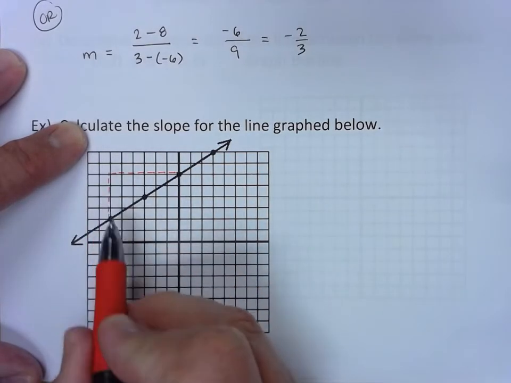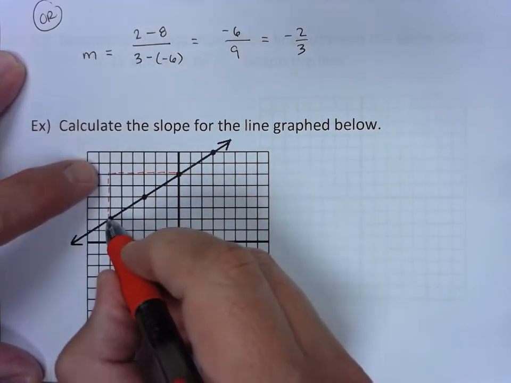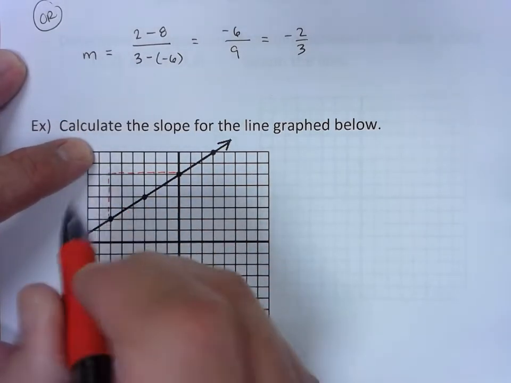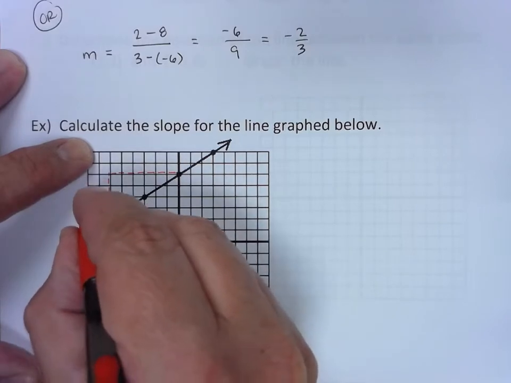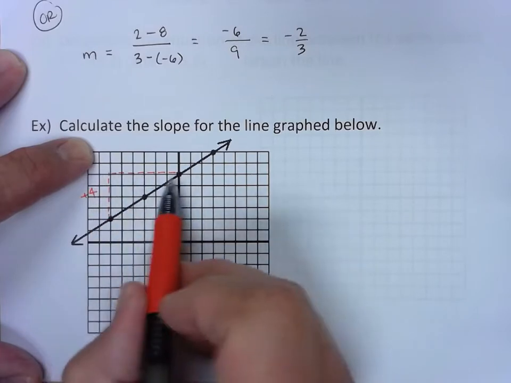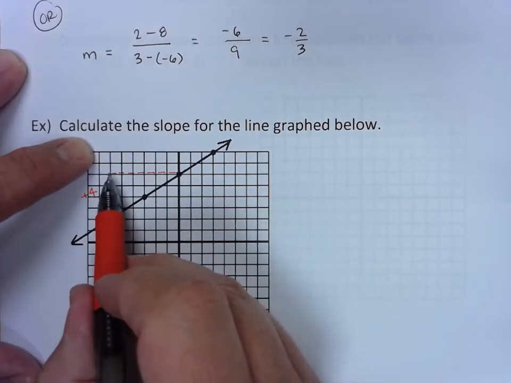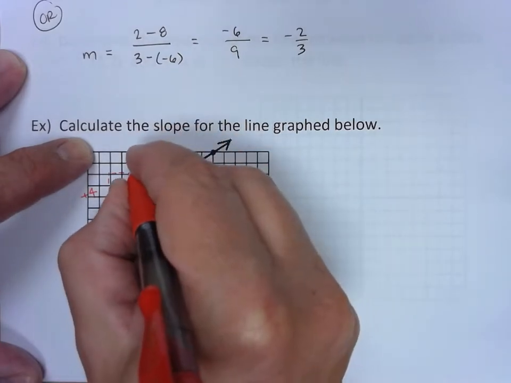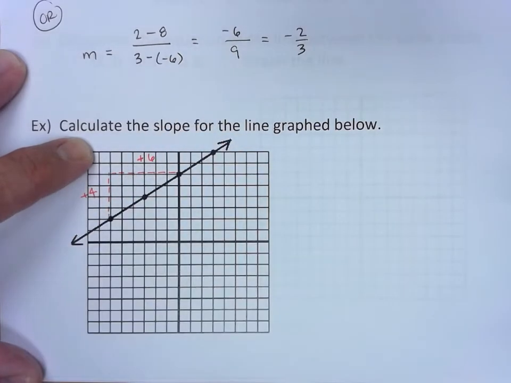So I just chose these 2 points, this one here and this one on the y-axis. So if I want to calculate this change in y going from this point upward, since I am going up, that's a change of 1, 2, 3, positive 4 units in the y direction. If I measure this change in x, this horizontal distance, going from here, that's 1, 2, 3, 4, 5, 6 to the right. So that's positive 6 in the x direction.